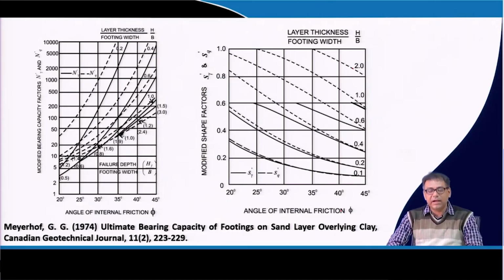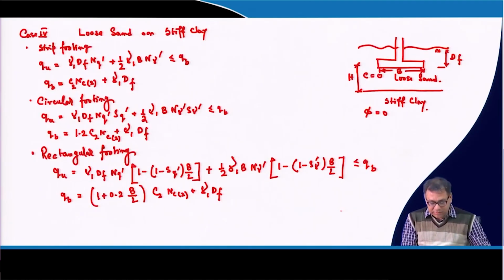So, this way you will get the modified bearing capacity factor and modified shape factor to incorporate the fourth case, that is, if the top layer is loose sand and the bottom layer is stiff clay, then how you can calculate the bearing capacity. You put these factors in the equation which is given, and then you will get the bearing capacity of the two layer case, and you see that these are the equations.